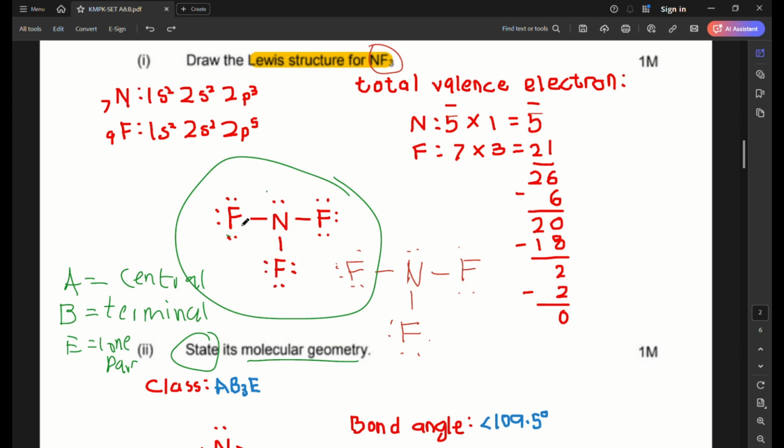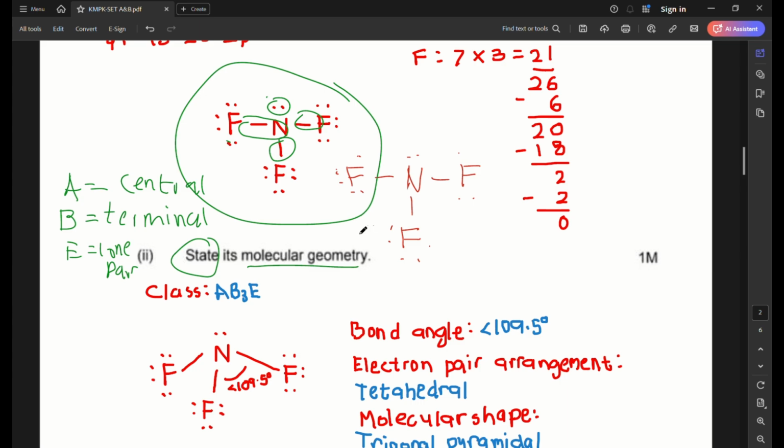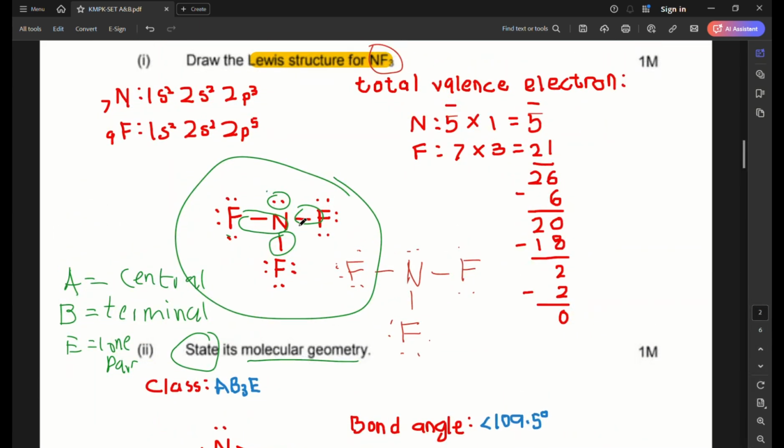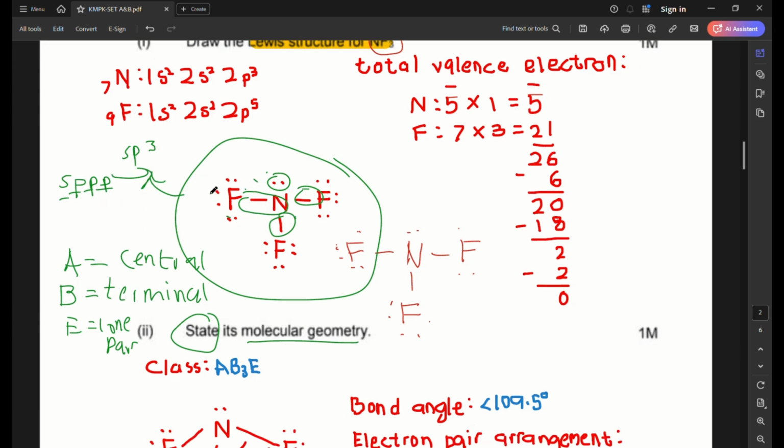From the nitrogen, you can see there are 4 bonds there. So if there are 4, then it should be sp3, because there's 1 s and 3 p, so 1, 2, 3, 4, hence making it sp3.